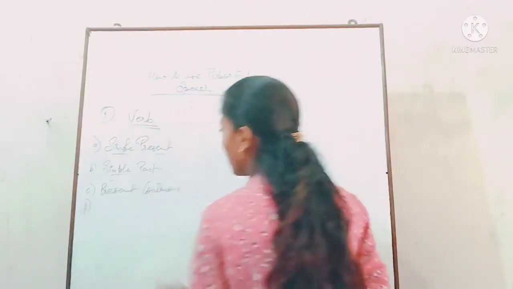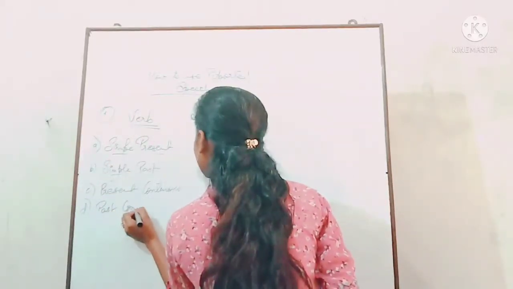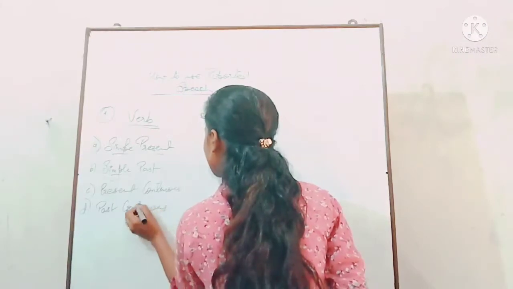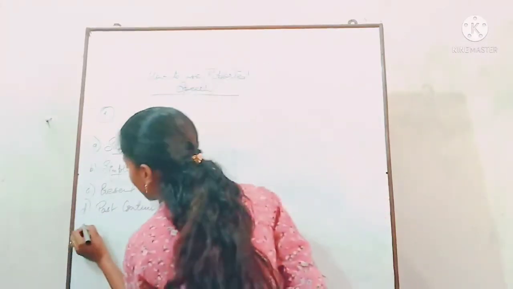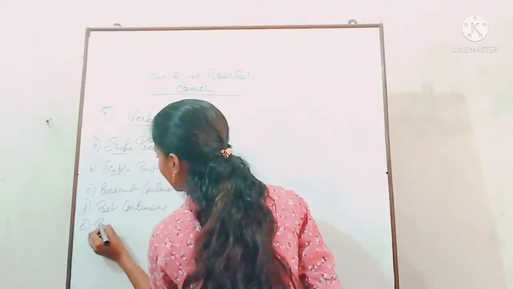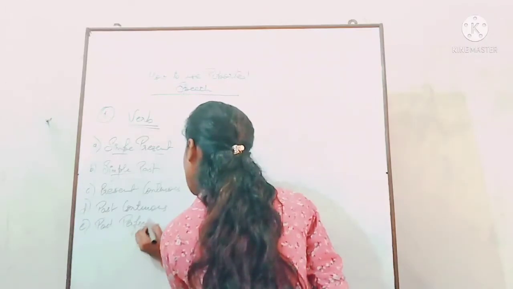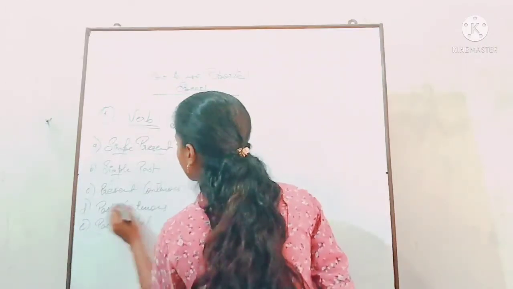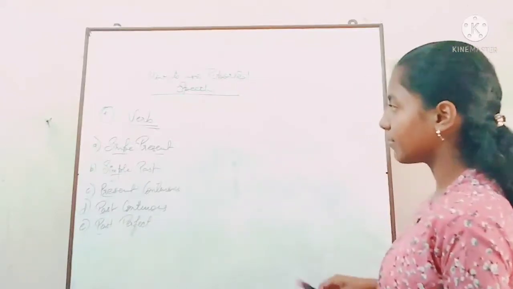And at part D we have past continuous tense. Then at part E we have simple past perfect tense. We'll see all of these one by one.